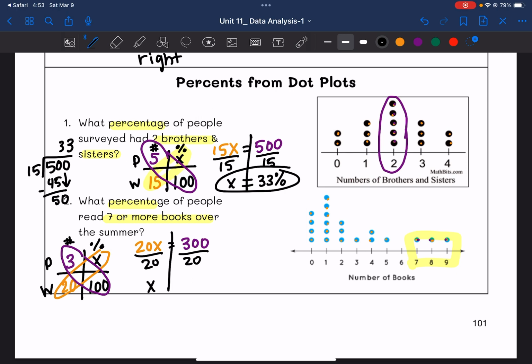So 300 divided by 20. 3 can go into 30 one time, and then 20 can go into 100 5 times. So that would be 15%. That is correct.